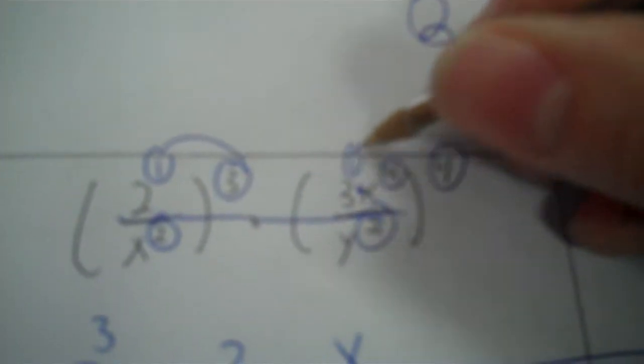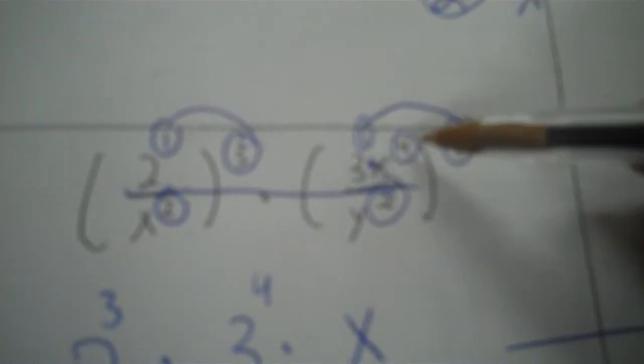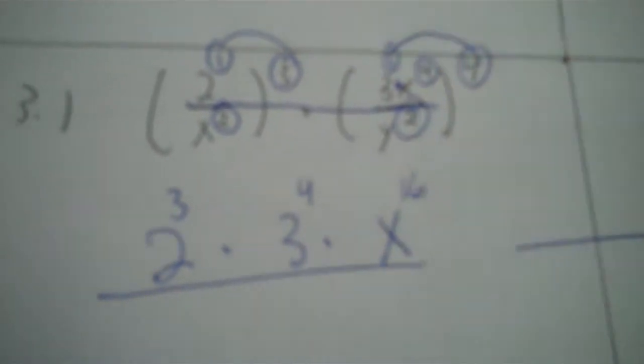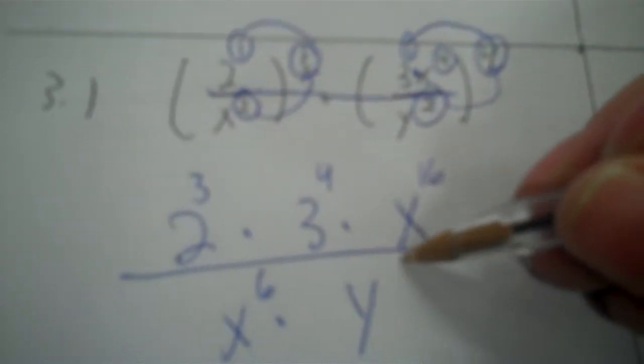Okay, so 2 to the 1, 1 times 3, 3. 3 to the 1, 1 times 4, 4. Now x on top, 4 times 4 is 16. Okay, now on bottom you got x times y. So the x, 2 times 3, that would be 6. And then 2 times 4 would be 8.